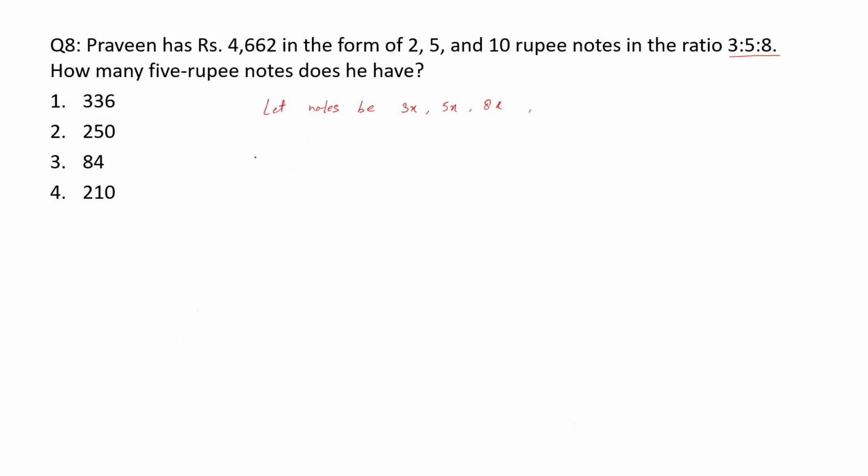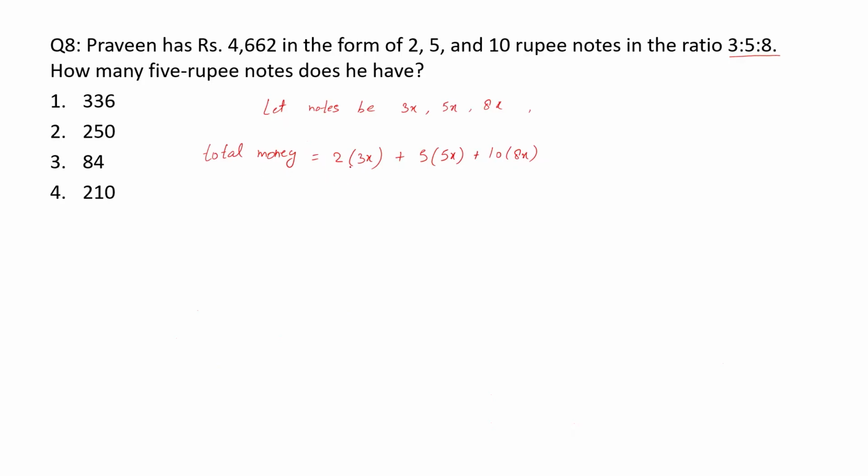So what is the condition? Total money Praveen is having is equal to 2 into 3x plus 5 into 5x plus 10 into 8x.